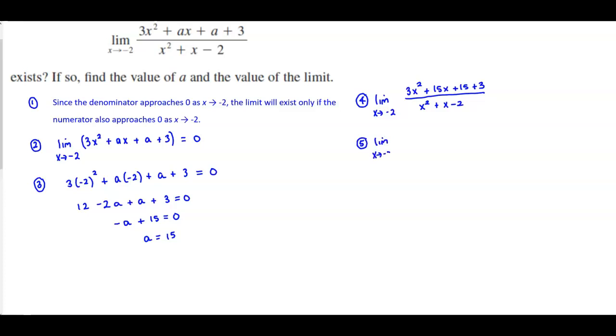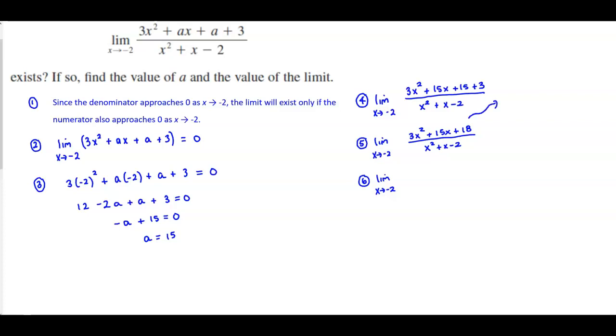Now combining like terms in our numerator, we end up getting 3x squared plus 15x plus 18 over x squared plus x minus 2. So now let's go ahead and factor the numerator and the denominator.